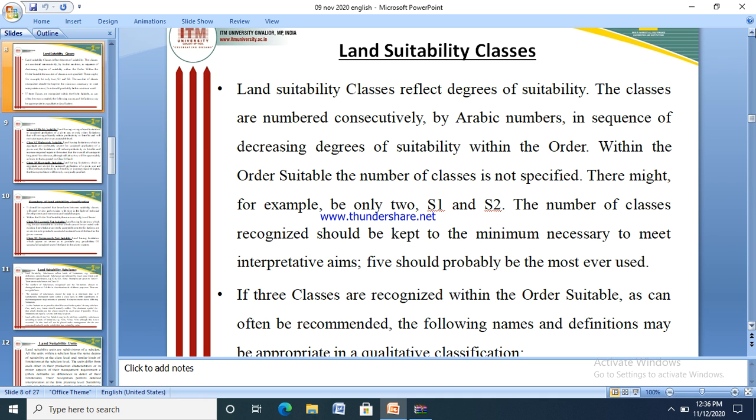There might, for example, be only two: S1 and S2, suitability number 1 and suitability number 2. The number of classes recognized should be kept to the minimum necessary to meet interpretive aims. Five should probably be the most ever used.